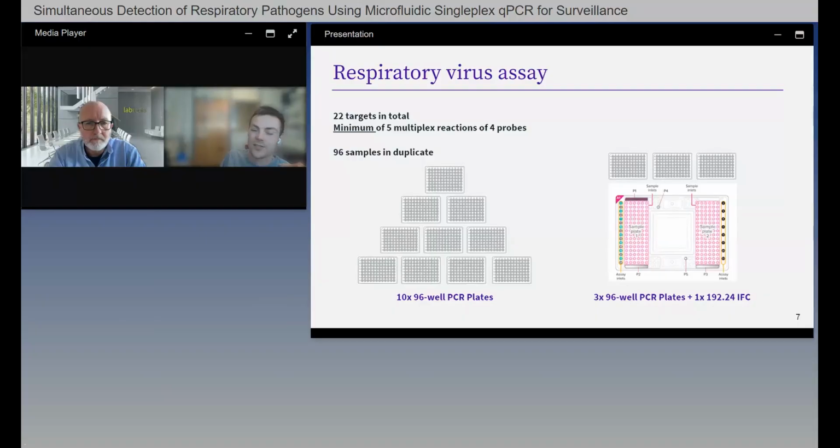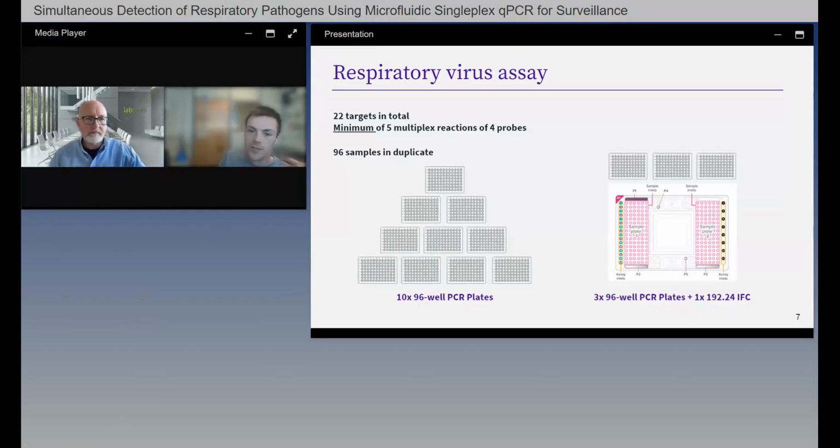As Jeff mentioned, you can drastically reduce the plastic ware and the time it takes to go through all these tests by using microfluidics. And we had the Biomark available in the university to use. So the idea was that we might as well make use of this machine we've got and try to transfer this assay over to a microfluidic workflow, considering the number of targets we had and the number of samples we wanted to analyze.